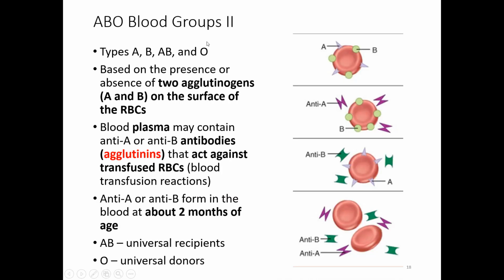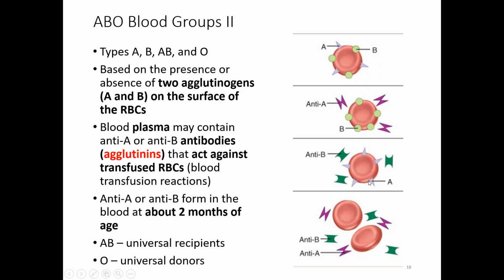We have 4 blood types according to ABO blood type groups. The very first one, look at this red blood cell. On its surface, it has only one type of those agglutinogens, and that is type B. So that would be blood type B.